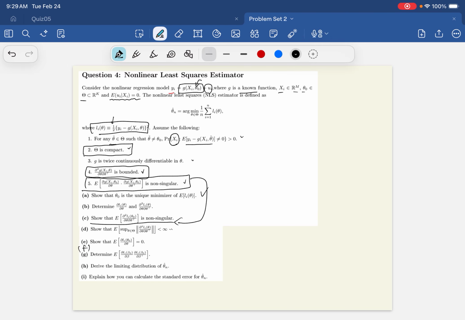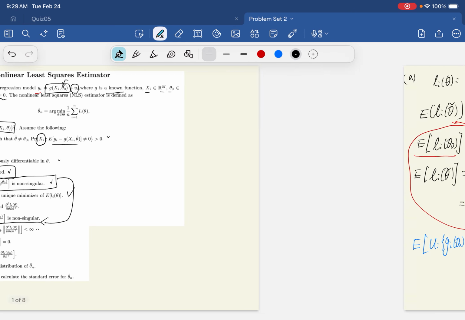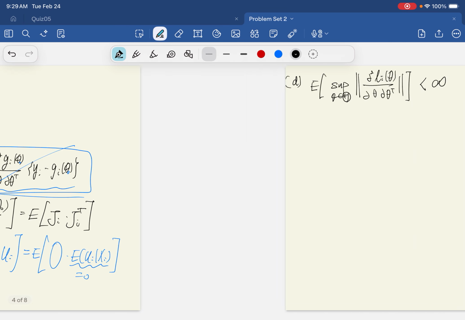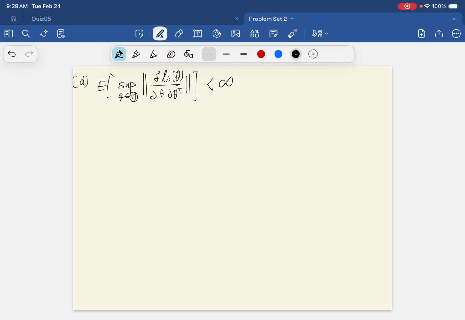So theta is compact, the parameter space is compact, and that is bounded. The reason I need that here is that the second order derivative is bounded. Let me write it as C, the constant. It is always strictly smaller than C.